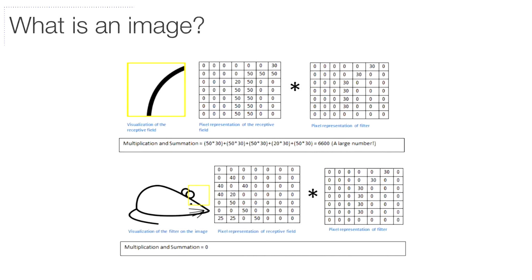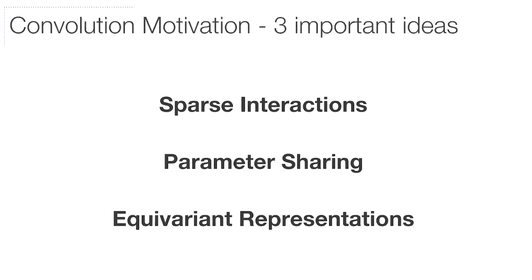Now, coming to the three important ideas which represent a convolutional neural network. We need to understand something called sparse interactions, parameter sharing, and equivariant representations.